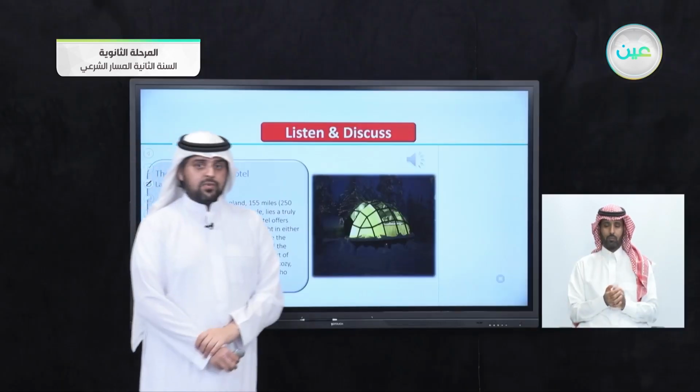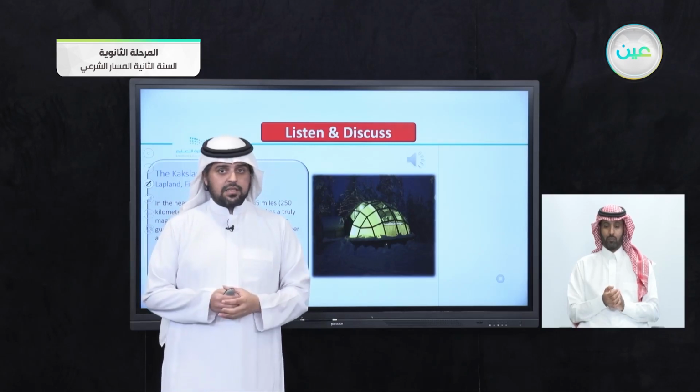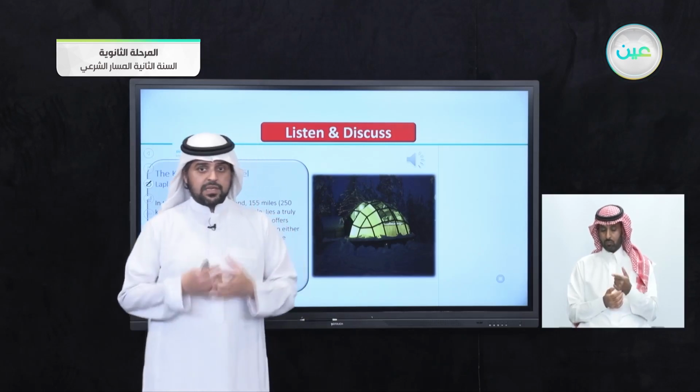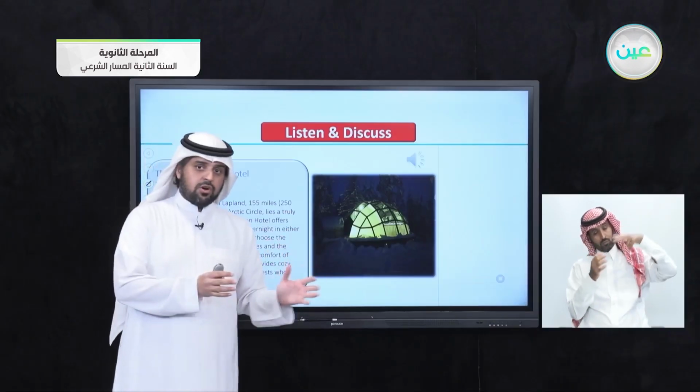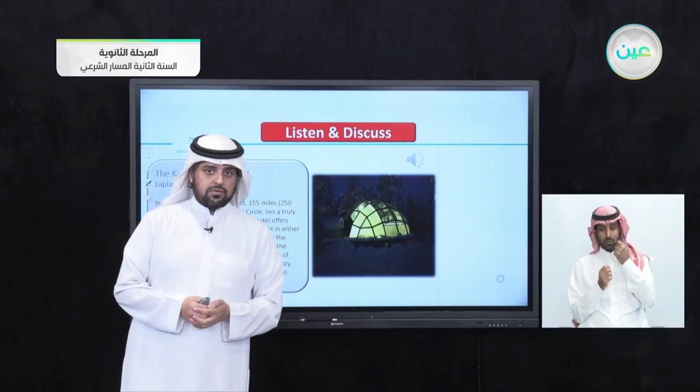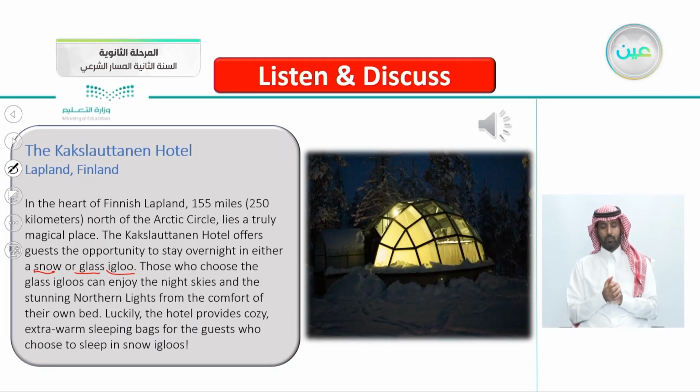So this one is really unique. This is the one that interests me, the Kakslotten Hotel in Finland. The Kakslotten Hotel offers guests the opportunity to stay overnight in either a snow or a glass igloo. So you'll be sleeping in an igloo made of snow or glass according to your preference. Those who choose the glass igloos can enjoy the night skies.